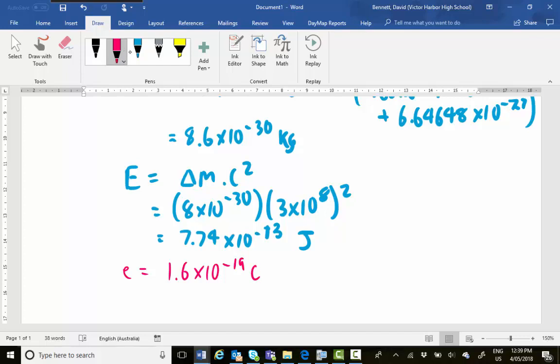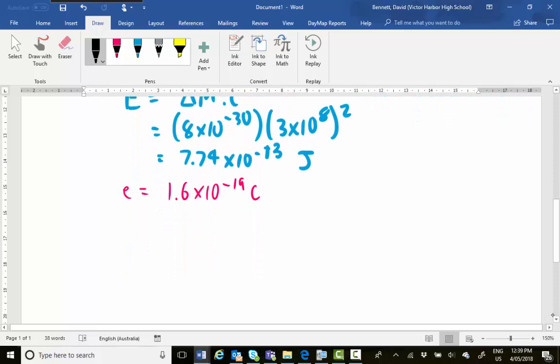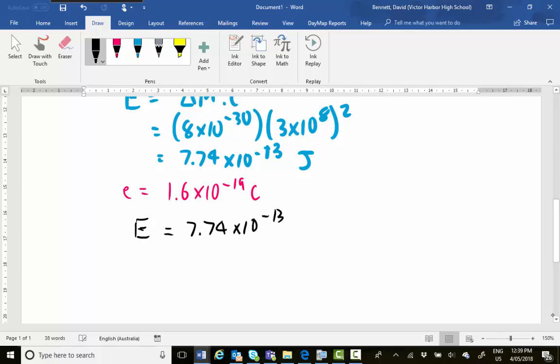So to work out my electron volt value, my energy is equal to 7.74 by 10 to the minus 13 divided by 1.6 by 10 to the minus 19, and that will give me my answer in electron volts.